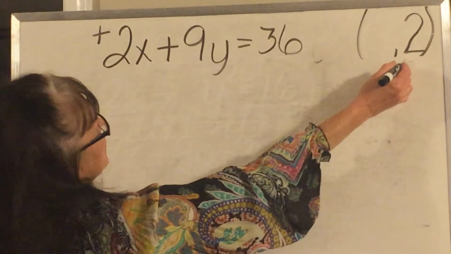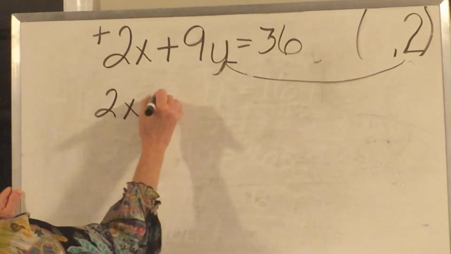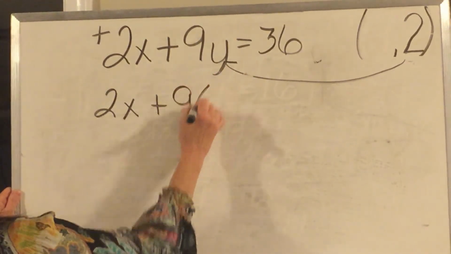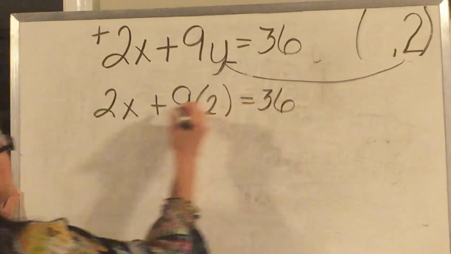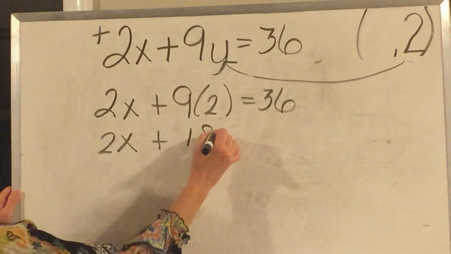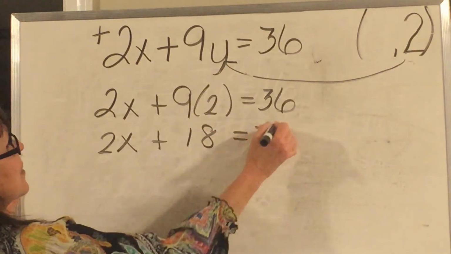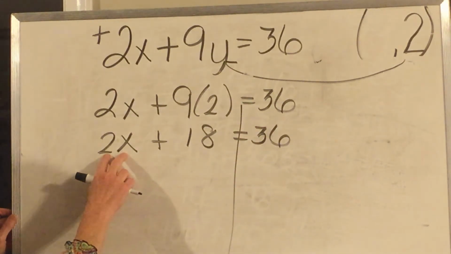You're plugging in the 2 for y. So you're going to go 2x plus 9 times 2 equal 36. 2x plus 18 equal 36. Again, you know what we do. We keep the variable.